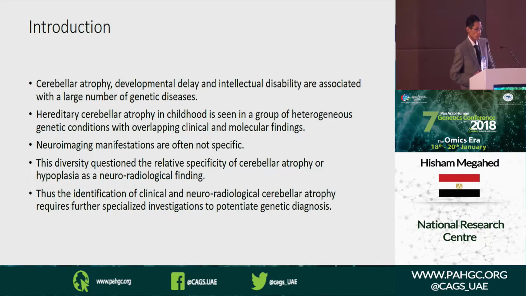And unfortunately, the MRI and the neuroimaging features are usually not very specific to reach a specific diagnosis. Therefore, we found out that finding new specific tests, specifically genetic testing, would be of vital importance to reach the diagnosis.